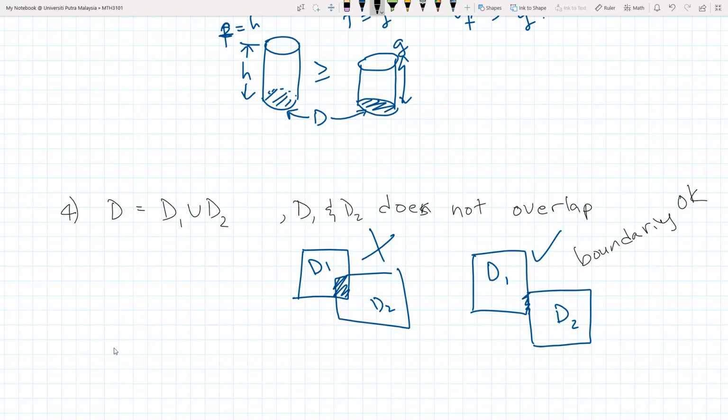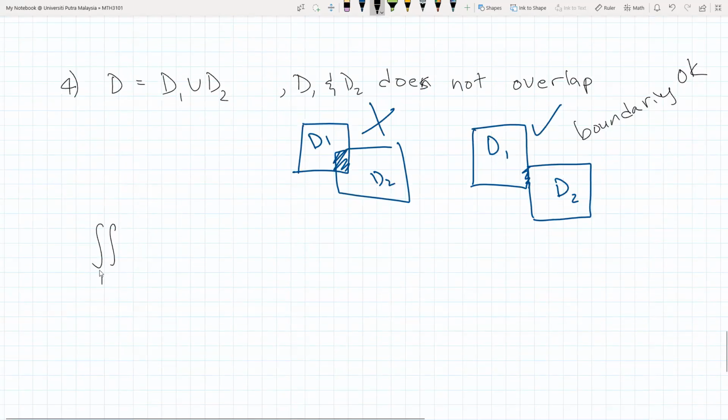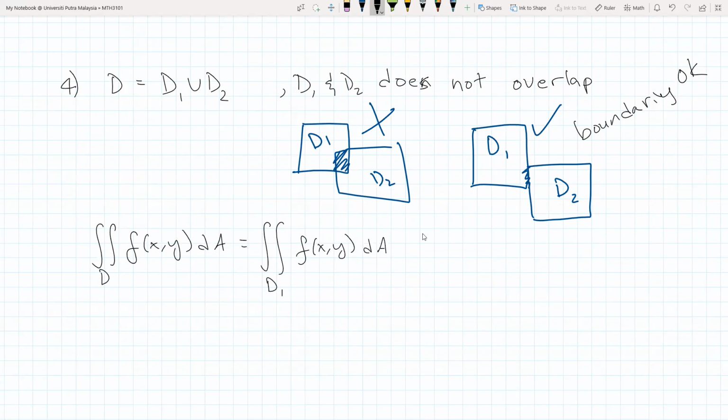Then dia punya continuation dia, kalau saya ada double integration on D, the whole thing, the whole area, fx, y, dA, I can separate into two parts, D1, fxy, dA, plus region on D2.